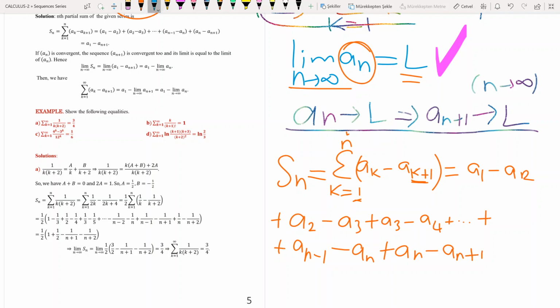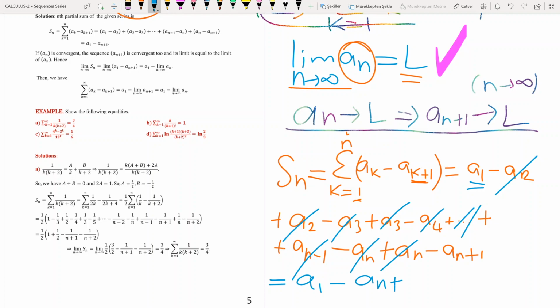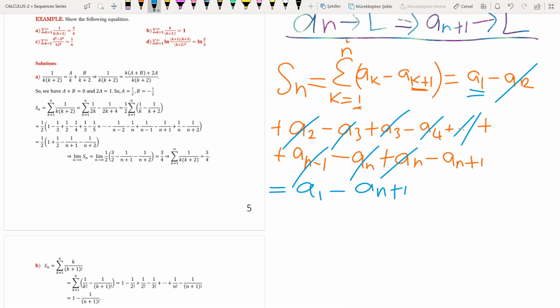Now if you cancel all these terms, finally you will have the first term minus the last term: a1 minus a(n plus 1).